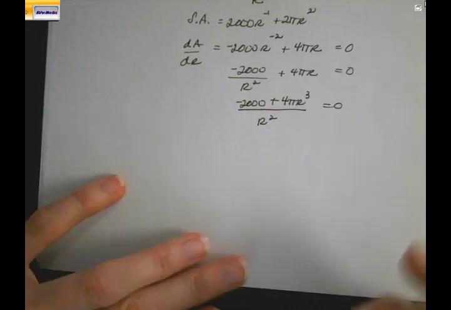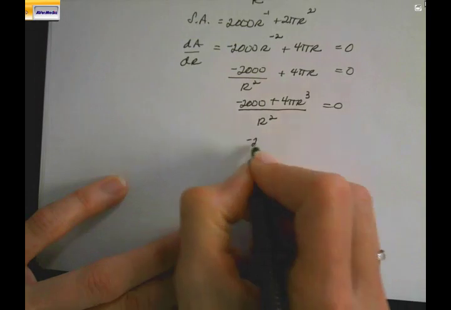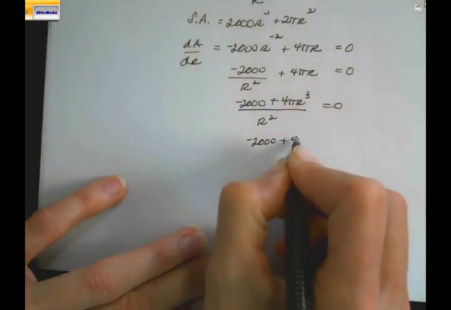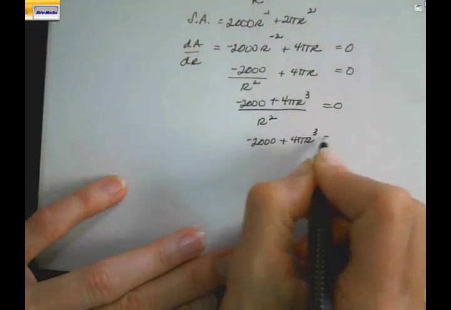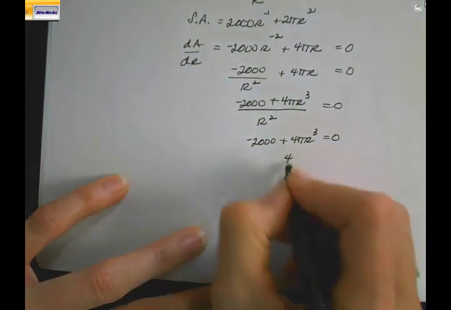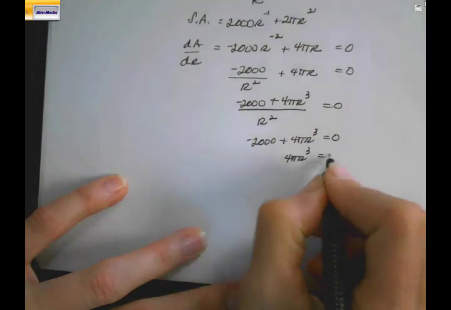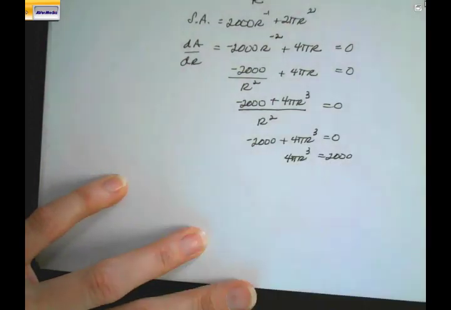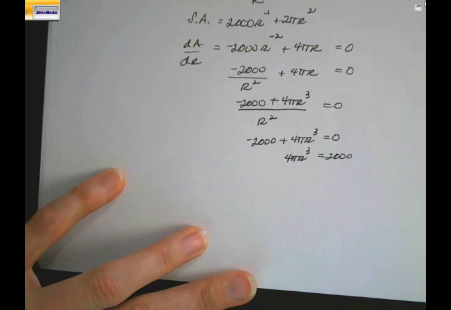So I need to combine it into one fraction. Once I get it into one fraction and I want to set it equal to 0, then I really just set the numerator equal to 0, because if the numerator of the fraction equals 0, then the fraction equals 0. Yep, 4 pi r cubed equals 2,000. You're trying to solve this thing for r. r is your variable.